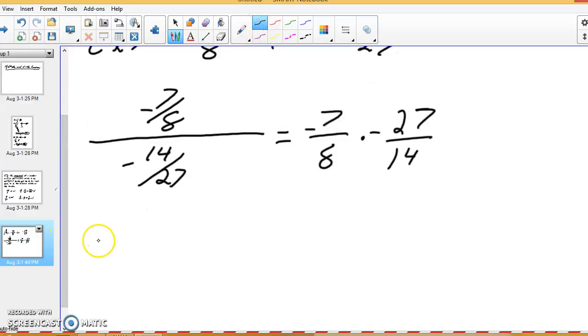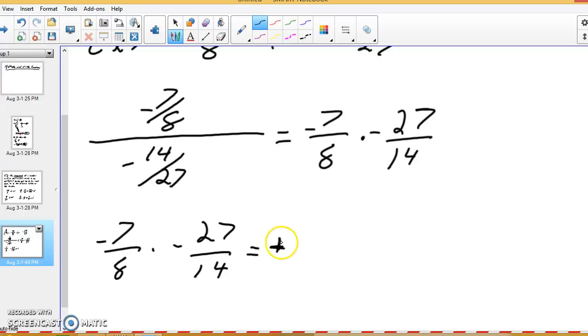And now it's just like we talked about when it comes to multiplying fractions. Okay, so just like normal, we have a negative and a negative, so we know our final answer is going to be positive. So we have 7 multiplied by 27.